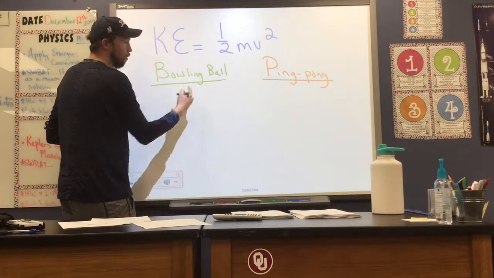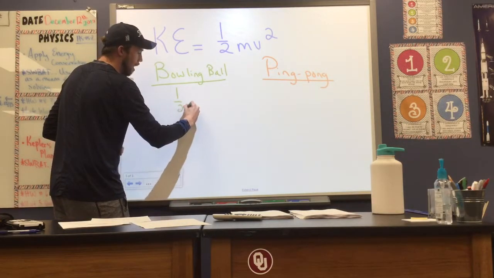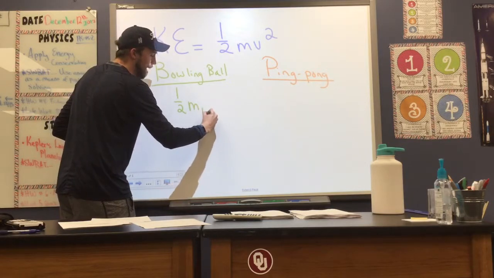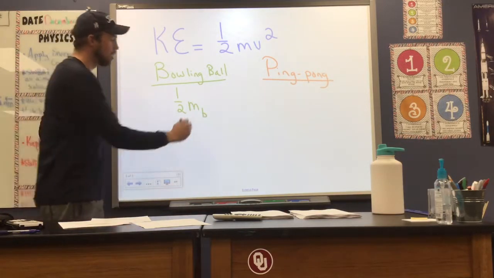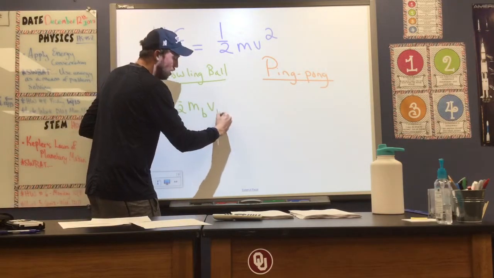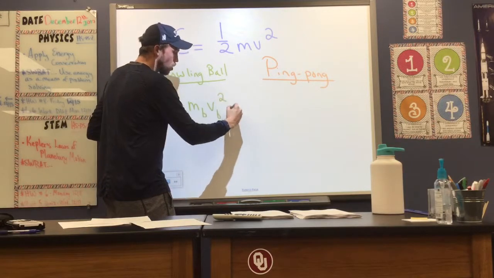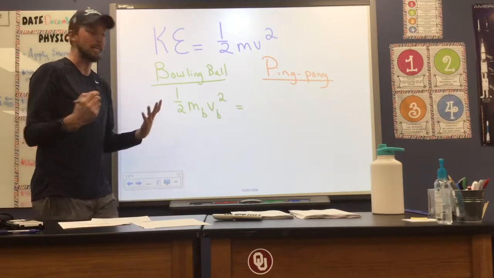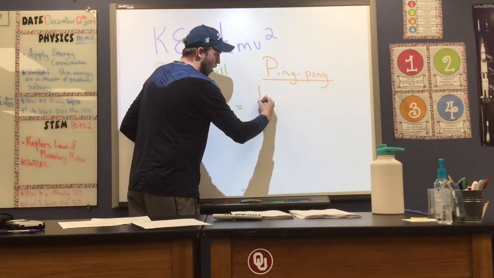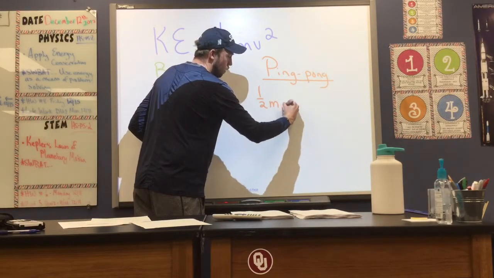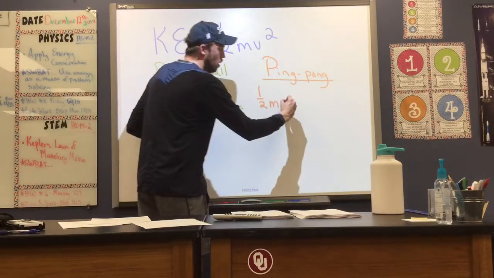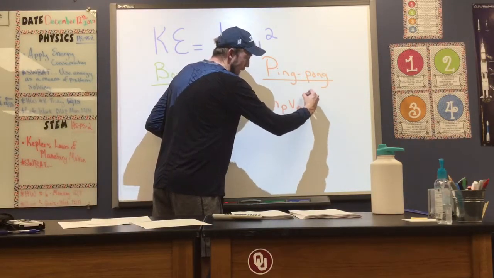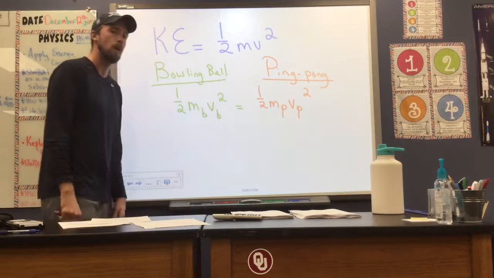So our kinetic energy for the bowling ball is 1/2, I'm going to call this mass of B for bowling ball, times velocity of B, bowling ball, squared. And in this scenario, we're told we want those kinetic energies to be equal. So that would be equal to 1/2 times the mass of P for the ping pong ball times the velocity P of the ping pong ball squared.